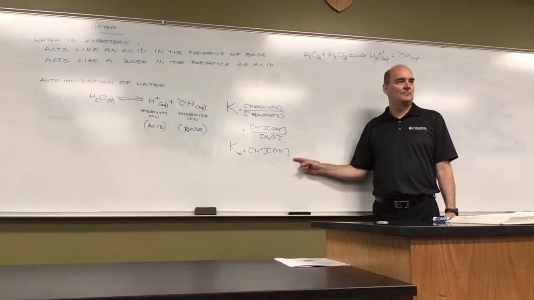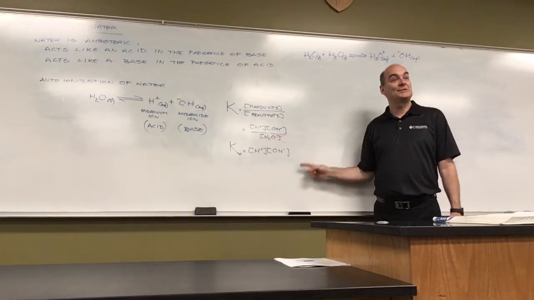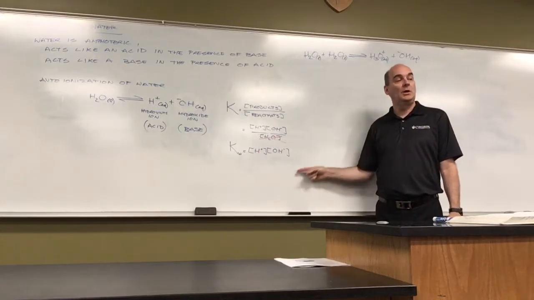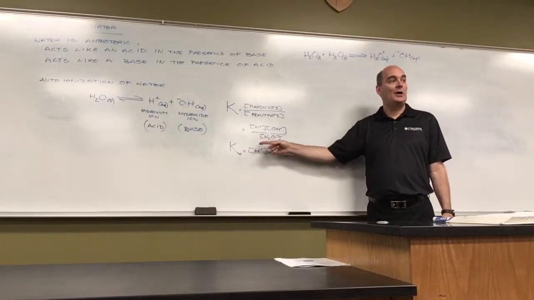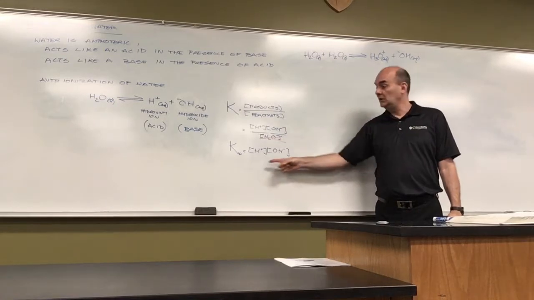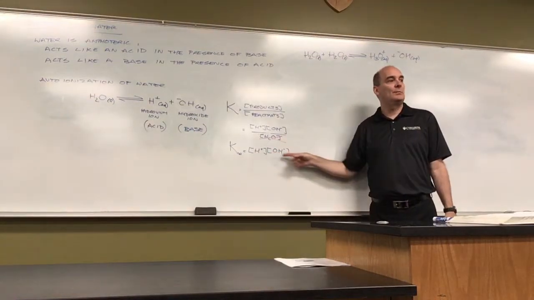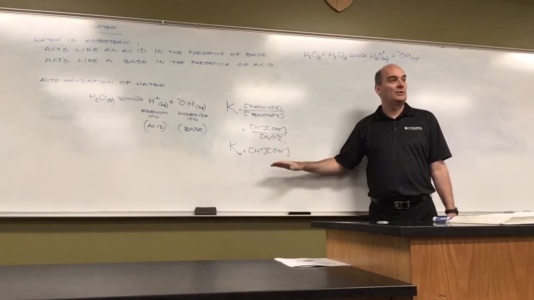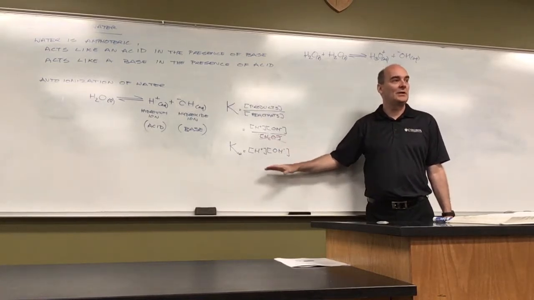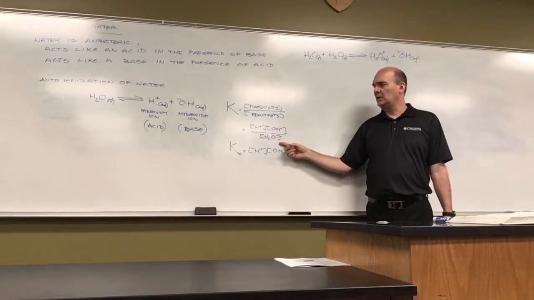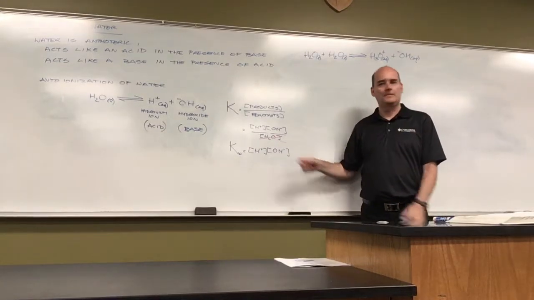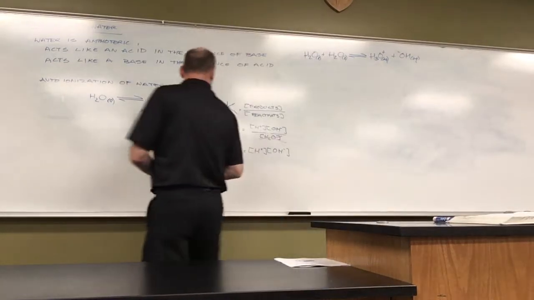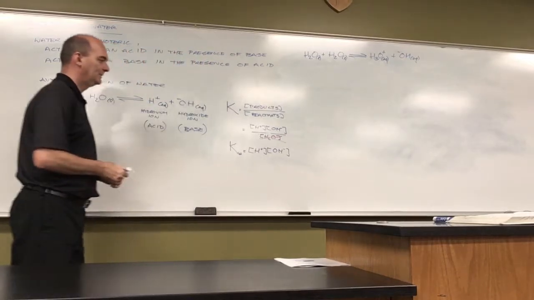That's the product. So KW has become known as the ion product, because it's just two numbers multiplied by each other. There is no denominator. There's nothing dividing in because the liquid goes away. Okay? This is now called the ion product for water.